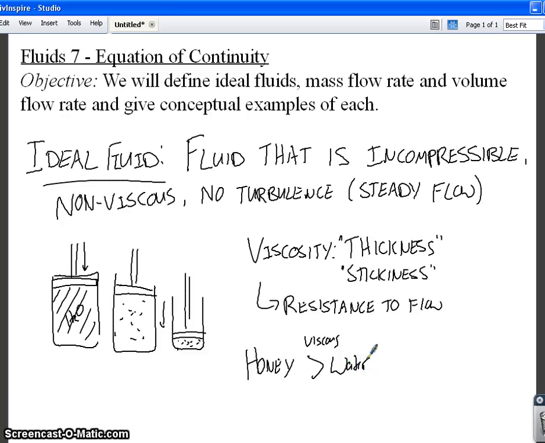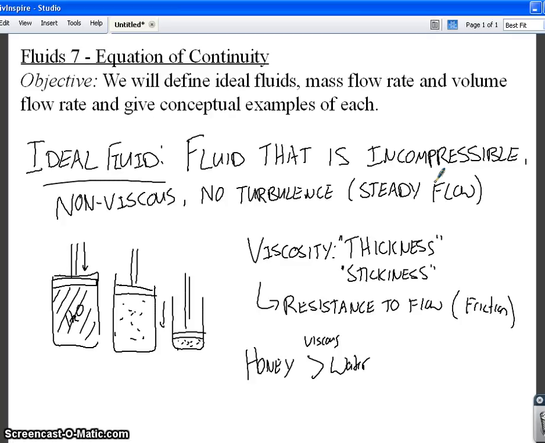Water flows very easily, and honey flows less easily. It's thicker than water, so it's said to have more viscosity. So we are going to assume that fluids are non-viscous, because viscous resistance to flow is kind of like friction. And like before, if we get rid of friction, it makes our math a little bit easier at first. So because this is AP Physics B, we're going to stick with incompressible fluids that are non-viscous.